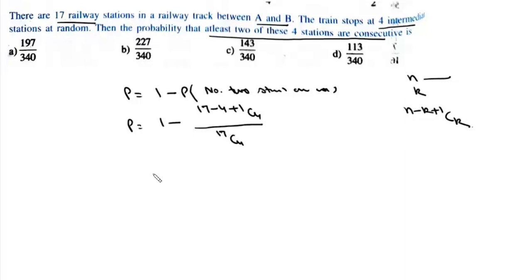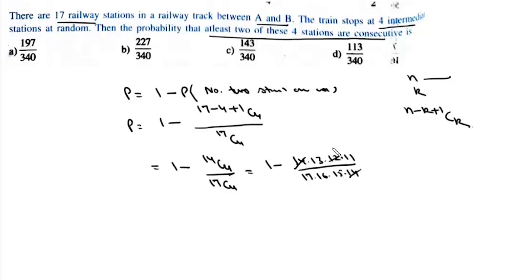So this probability will be 1 minus 14C4 upon 17C4. Now this is 1 minus (14, 13, 12 and 11) upon (17, 16, 15 and 14). Now 14 will cancel.